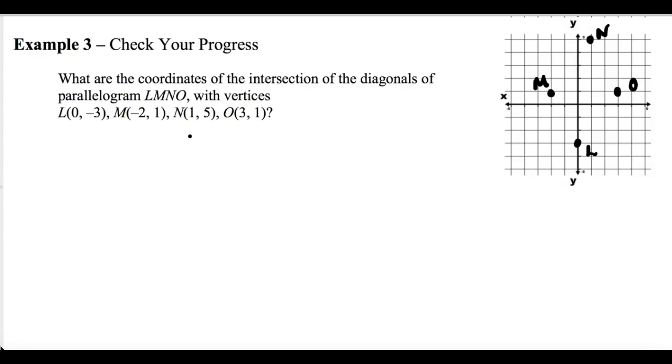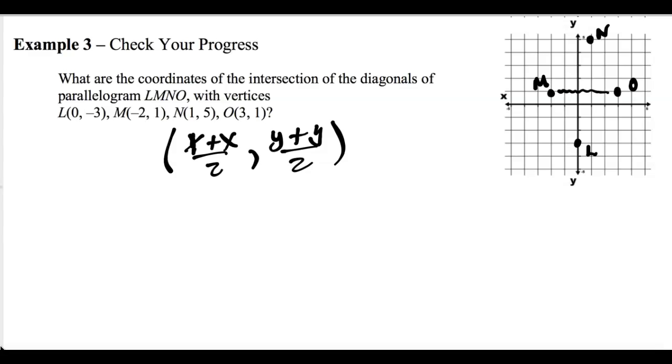So remember, for our midpoint we take our x values, add them, divide by 2. And we take our y values, add them, divide by 2. So again, this one maybe we could do without the formula because we could just see where these are on a horizontal line. Halfway between, it looks like it's going to end up at about a half because we have 5 spaces, but let's just check.